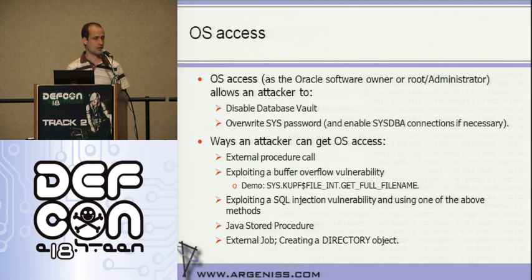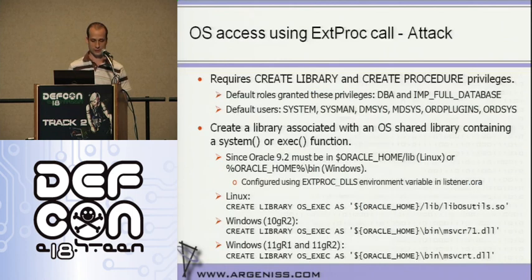Creating a directory object could also lead to file system access and the compromise of Database Vault. In addition, if we don't have the required privileges to perform these kinds of attacks, we can use SQL injection vulnerabilities and use one of these attacks.